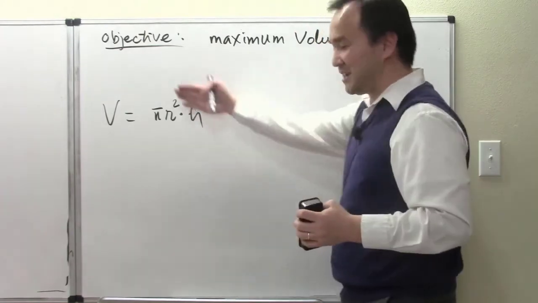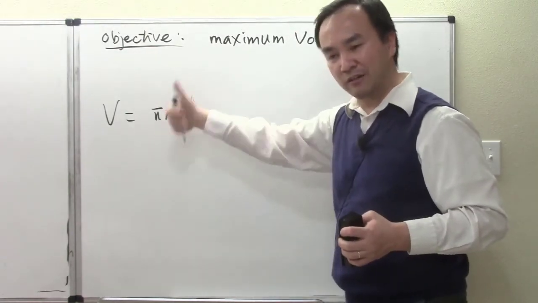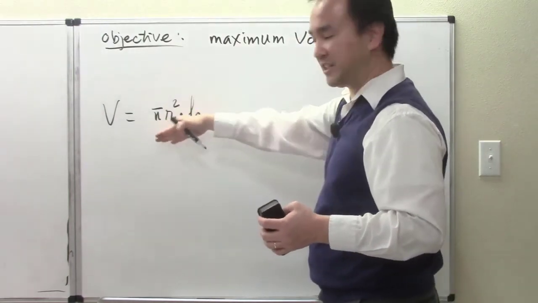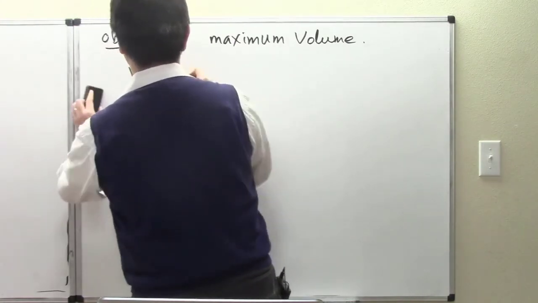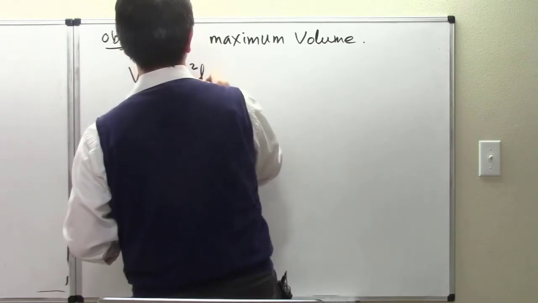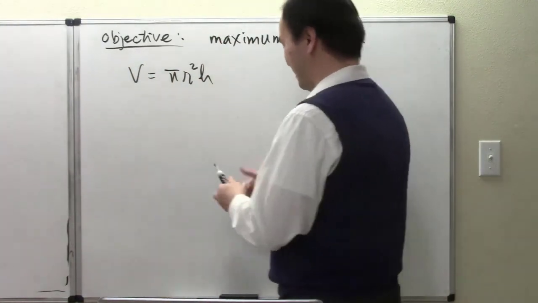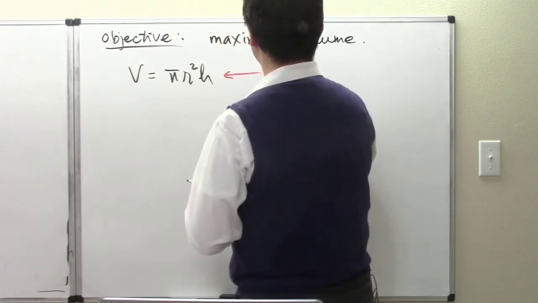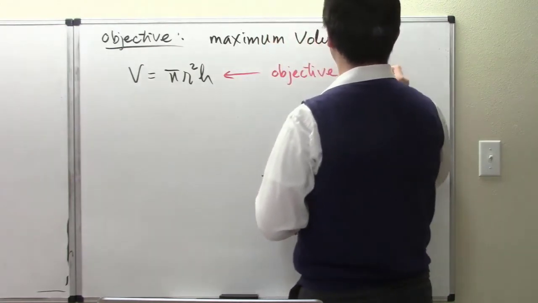But see, this is where we got done with step 1. In the guideline, we found our objective function: V equals pi r squared h. That's our objective function.